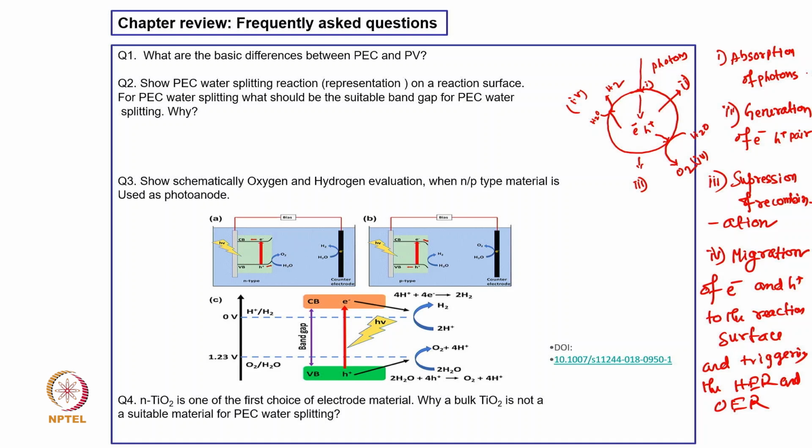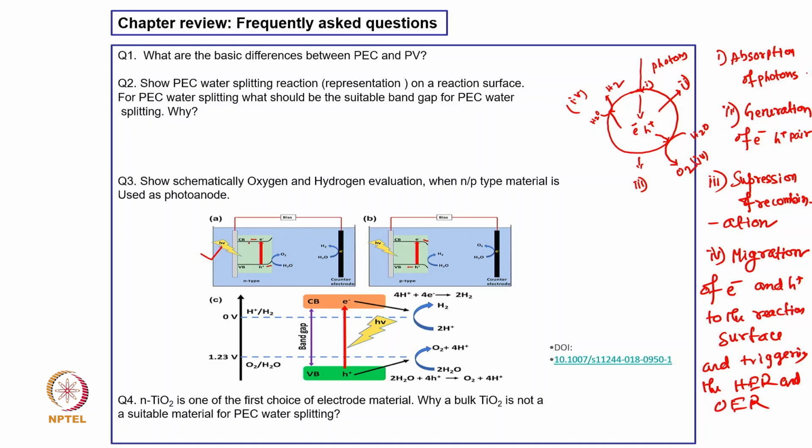Fine. So let us look at the third question. Show schematically oxygen and hydrogen evolution when N-type or P-type material is used as photoanode and we have metal as counter electrode. So if you look at this, say N-type, this is the valence band and conduction band. I have already discussed this.